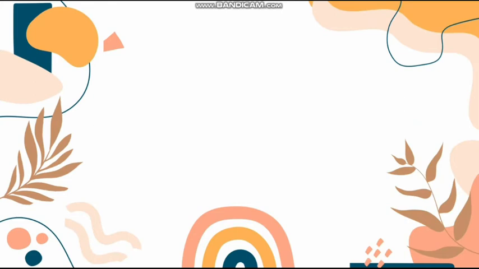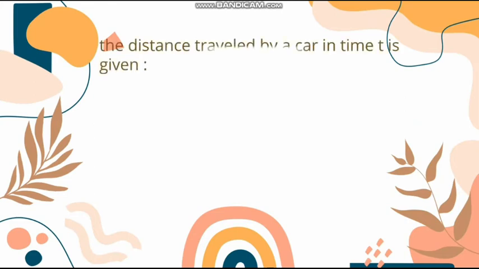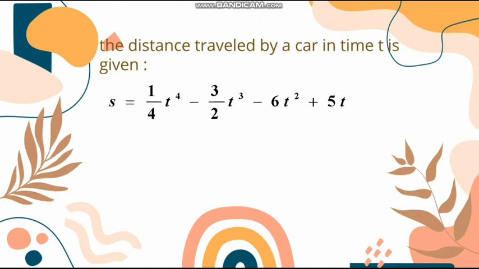Example problem 2. The distance traveled by a car in time t is given as s equals 1/4 t to the power of 4 minus 3/2 t to the power of 3 minus 6t squared plus 5t.